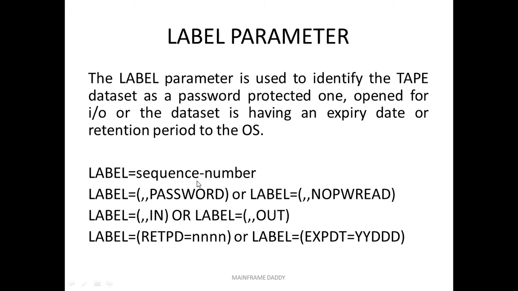We can make a data set password protected, or no password read, and we can specify the data set is used for input purposes, or exclusively for writing, that is output. We can do that by coding LABEL=OUT.